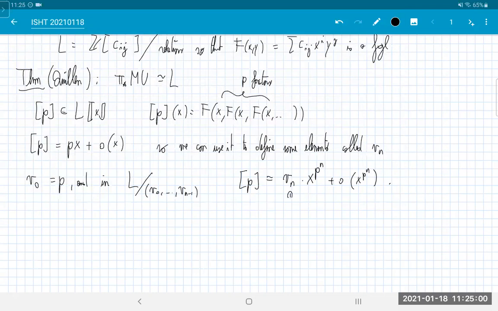So v_n is really an element of L mod (v_0, ..., v_{n-1}), and v_n is a non-zero divisor. Nothing of this is really hard to prove. It takes a while; it's a bit of algebraic manipulation with formal group laws. Note also that, even if it's not in the notation, v_n depends on p.